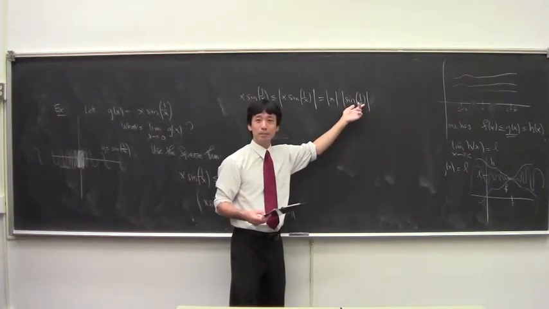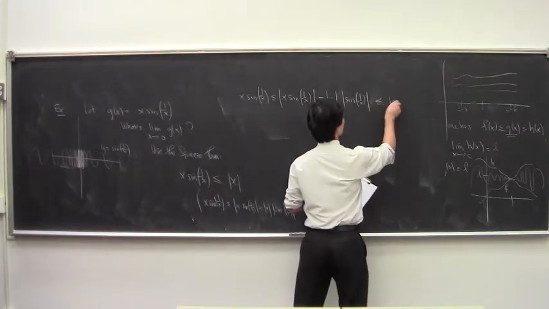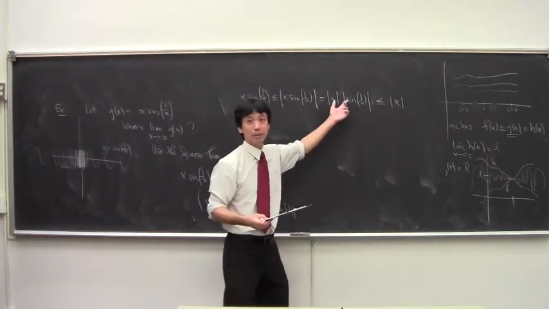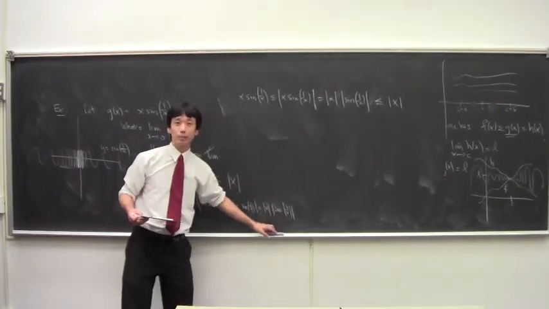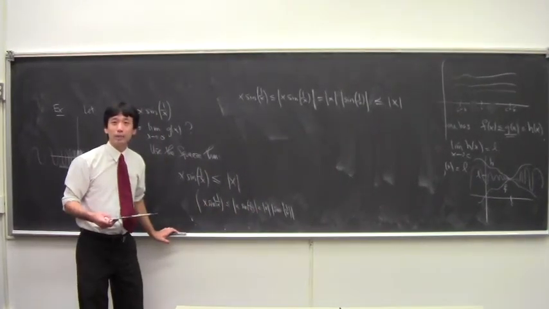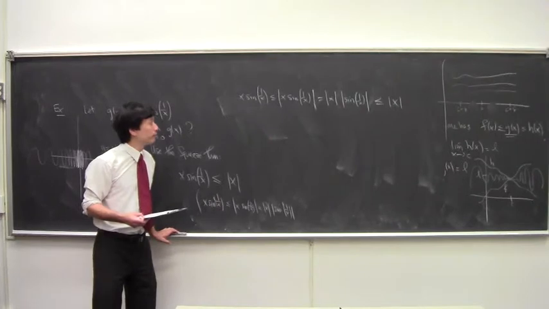It's smaller than 1. So this product is smaller than the absolute value of x times 1, because the absolute value of the sine is between 0 and 1.